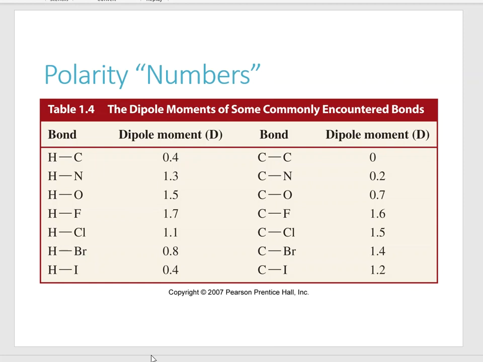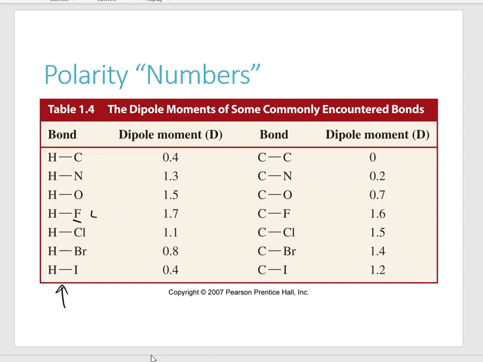If you look at the very first column, you see all of the hydrogens attached to a carbon, then a nitrogen, then an oxygen, then a fluorine, then a chlorine, then a bromine, then an iodine. I told you that fluorine is the most electronegative, right?